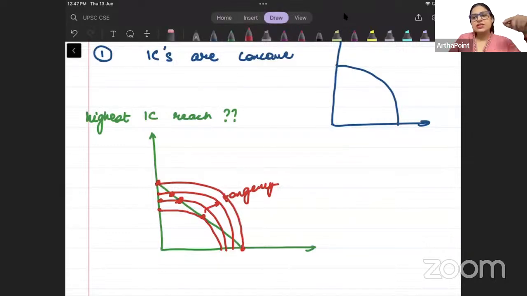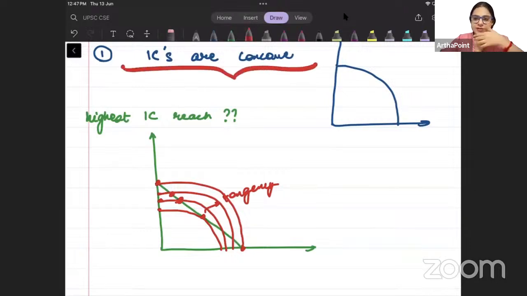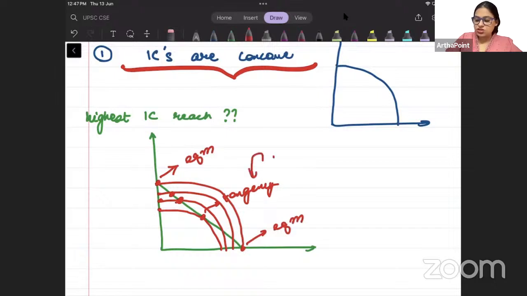So it means that in cases when I have a concave indifference curve, my equilibrium is not at the point of tangency, but at these extreme points. These are called extreme points.